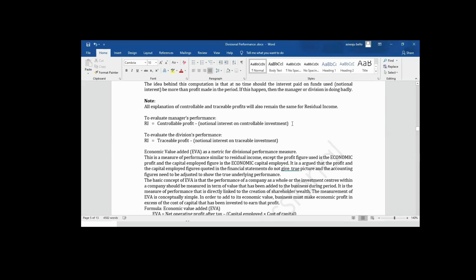You are going to get your controllable profit. Then notional interest, that is cost of capital multiplied by controllable investments. To evaluate the performance of division using residual income, the formula becomes traceable profits minus notional interest on traceable investment.